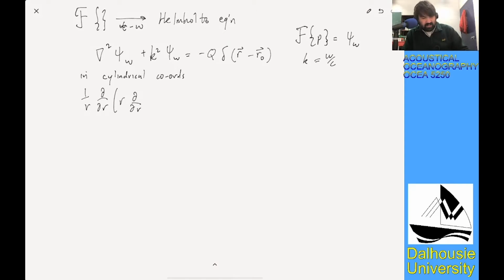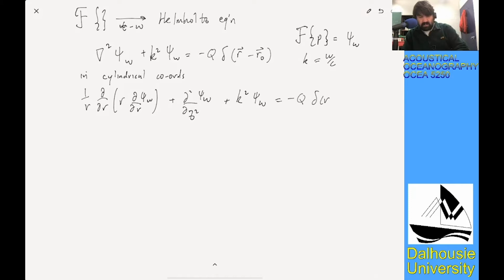That's the second order spatial derivative in range. And it has a z part, which is just regular old d squared by dz squared. Okay, and then there's no phi part. Phi would be the actual derivative because we've assumed symmetry. And then we have our k squared term here.